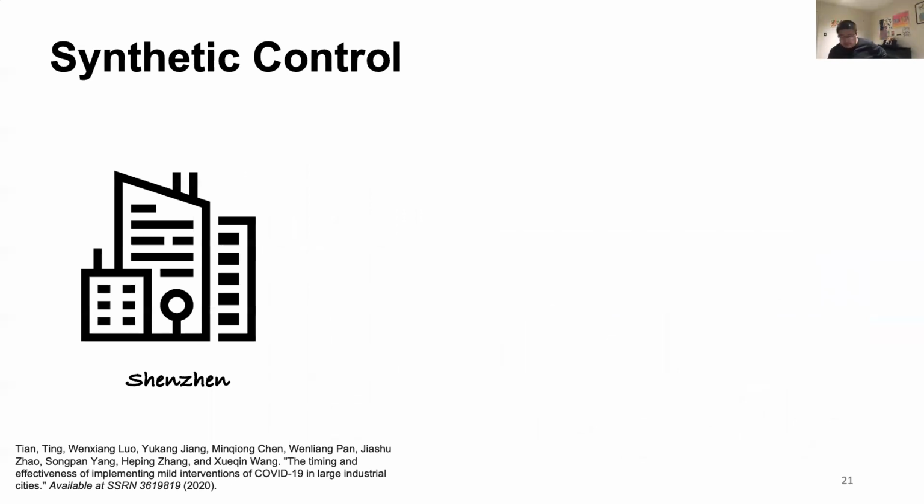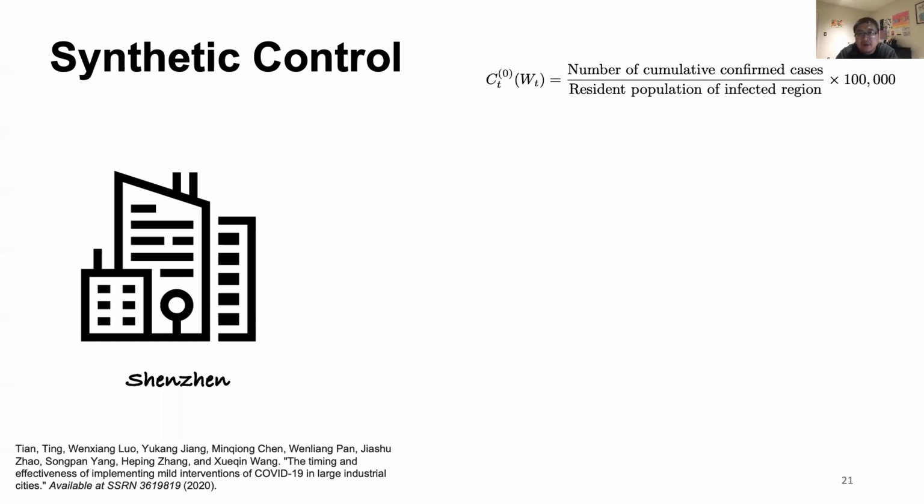Another type of study people consider is whether we can use existing knowledge from other areas to help with understanding the pandemic in the current study area. So this is a paper that proposed an interesting method called the synthetic control method, where the goal in this paper is to estimate the effect of different MPIs in a big Chinese city called Shenzhen.